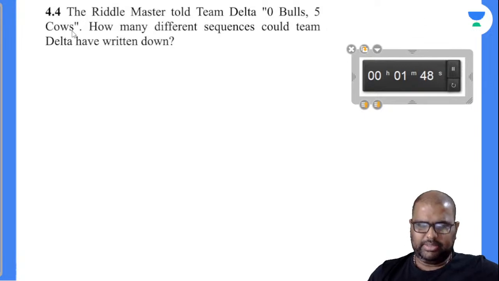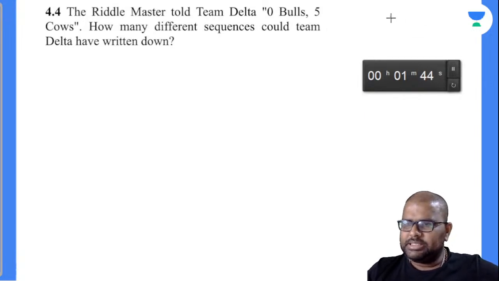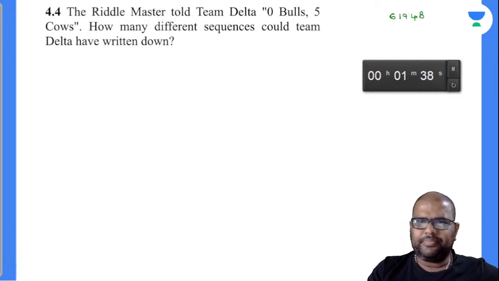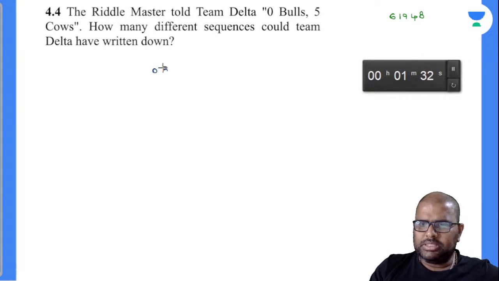Try this last one. So I'll write down the things. Their master sequence is 61948 given by Riddle Master. And the question asked is, Riddle Master told Team Delta, Team Delta have scored 0 bulls and 5 cows, it seems. It's an easy question. How many different sequences could Team Delta have written down is the question asked.